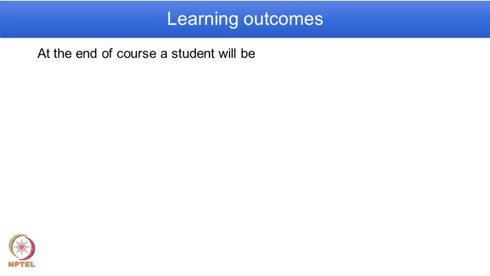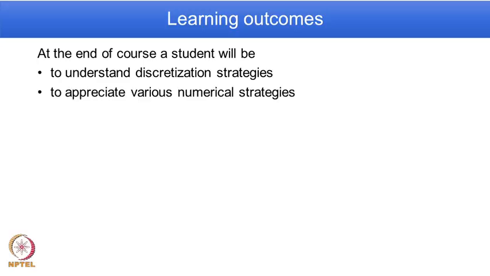So after going through this course, a student is expected to understand discretization strategies and appreciate different numerical strategies like computational domain, boundary condition, what inversion procedure one has to follow, and how to obtain results and interpretation.